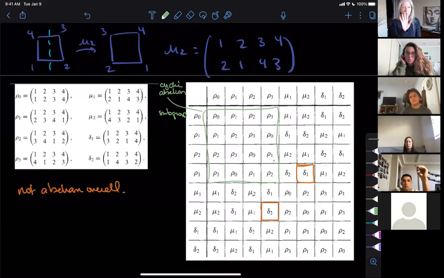Well, any of the mirrors, if you do the mirror and you do the mirror again, you get back where you started, right? So if I have any of the mu's, mu squared is the identity, and there's a very small cyclic subgroup. Any of the deltas, delta squared is the identity, there's a very small cyclic subgroup, order 2. Okay, so those are some of the properties.